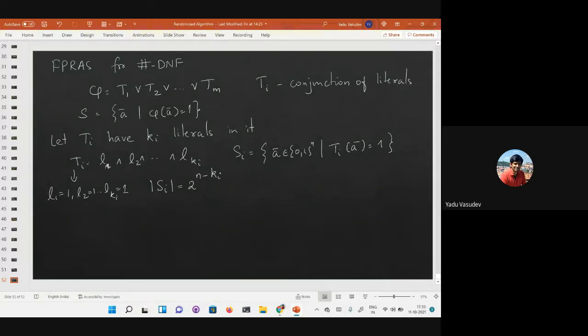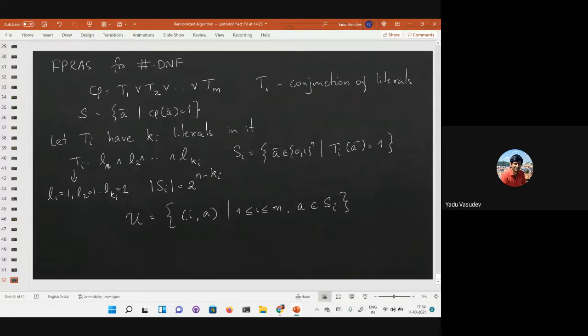Okay. And now, with this, we will define a set U. This is different from the U that we saw. This is a set of all (i, A) such that i is between 1 and m, and A is a satisfying assignment of the term Ti.